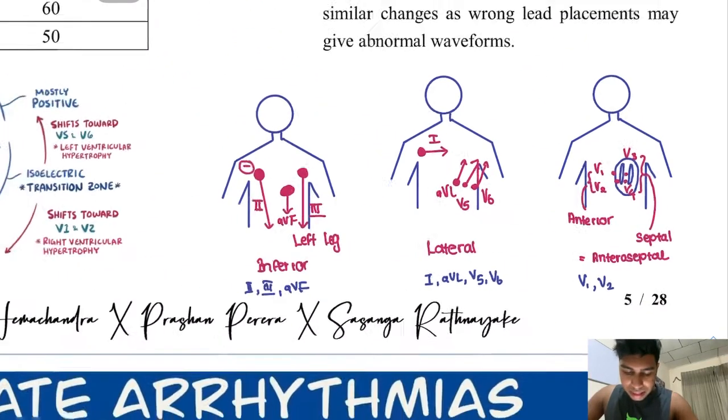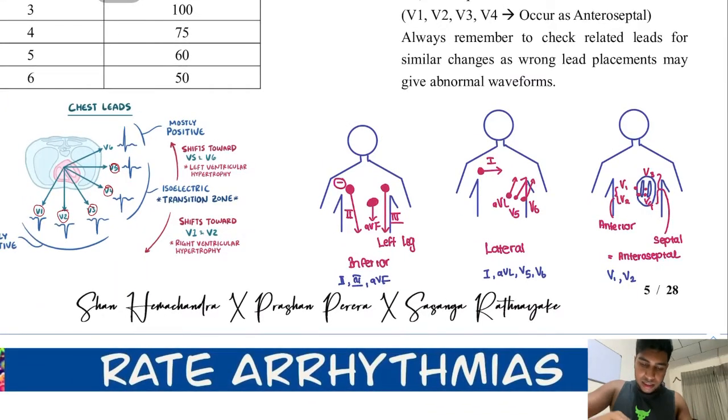The way you remember these is like this. 2, 3, aVF, you need to know, is for the inferior section of the heart. We'll take the precordial, that means the leads related to the heart, the precordial leads. So the way you keep it is V1, V2, V3, V4, V5, V6.